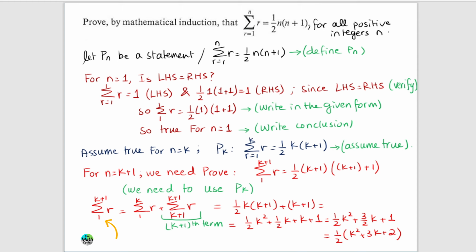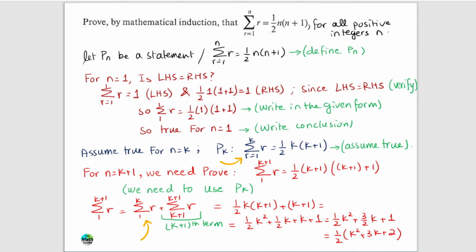Now, the summation of r from 1 to k plus 1 is actually a series that starts from 1 up to k plus 1. So I have the first k terms and one more term, which is the k plus 1. That's why I can write the series as the summation of r from 1 to k plus the summation of r from k plus 1 to k plus 1, which is the k plus 1 term.